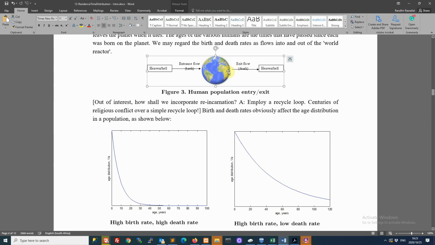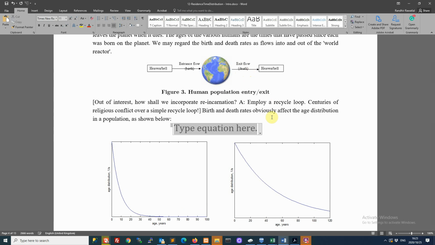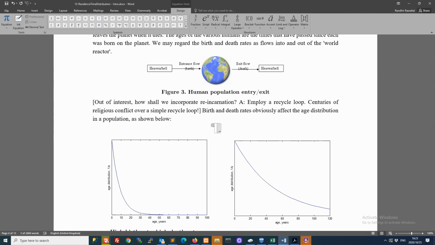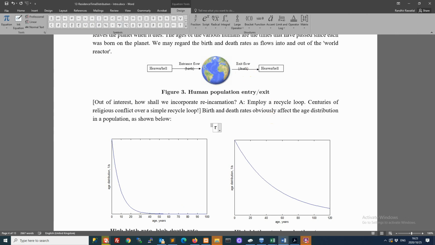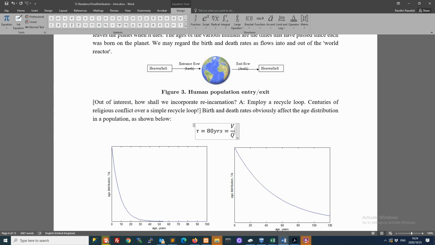if you look at the total death rate and divide that by the total number of people, so I'm not sure what the total death rate is, but it's going to be some number that looks like this. I'm not sure about my numbers here, but let's say the average age is about, maybe 70 these days, so 70 years. And that's equal to our total number divided by our flow rate.